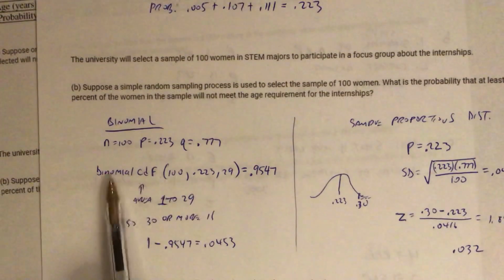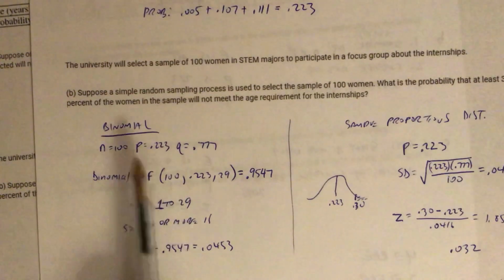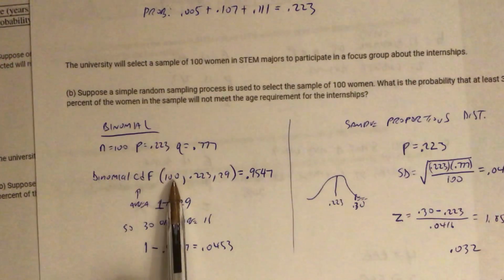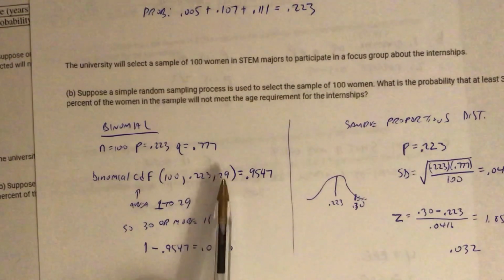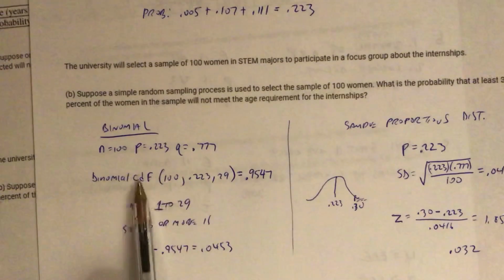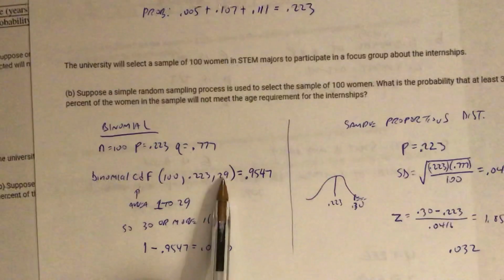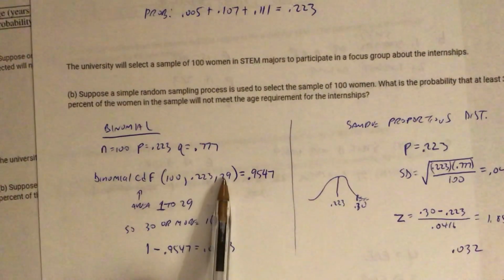So basically, for the binomial distribution, I want to have 100 people picked, so the sample size is 100. This is the probability of success, and I basically need to know up to 29 successes. If you did the PDF, it would give you the chance of 29 successes. I want the chance of 0, 1, 2, 3, all the way up to 29 successes, right?